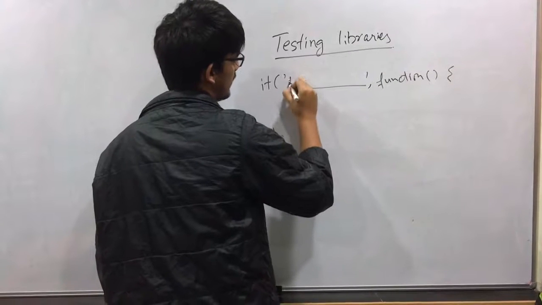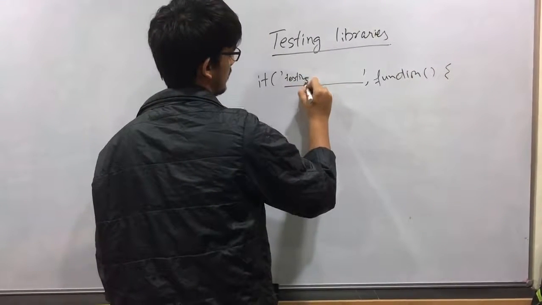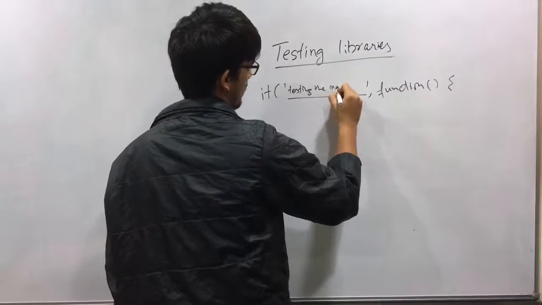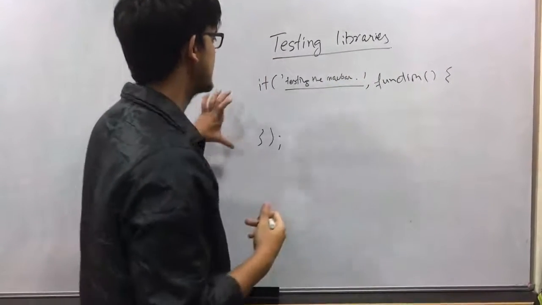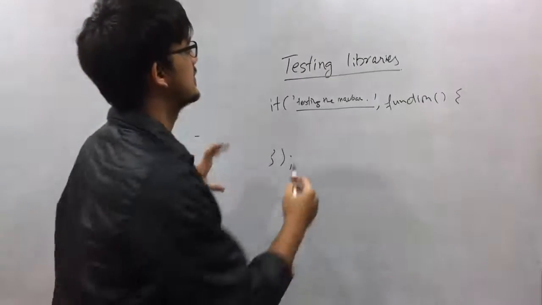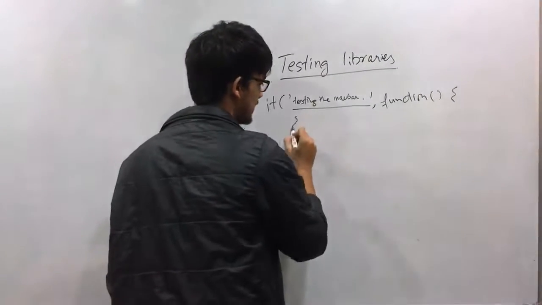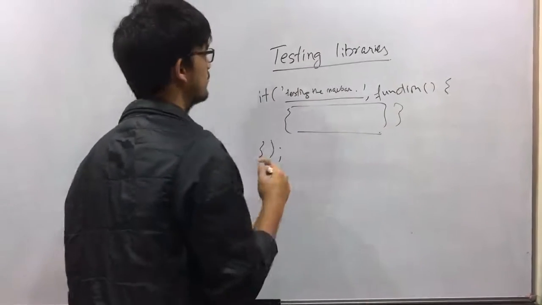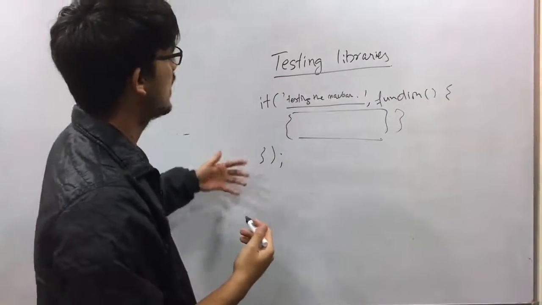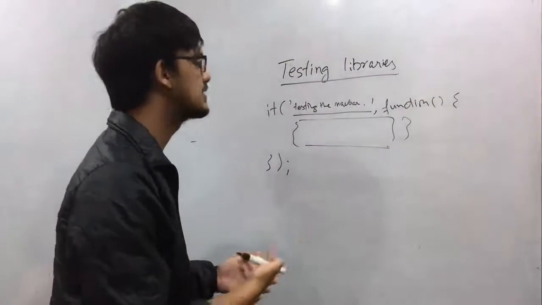Let's say testing the nav bar. So this single test case tells me that it is testing the nav bar, and inside this I can write the logic for this test case. And then Mocha would run this test case and it will tell if this test case passes or fails.